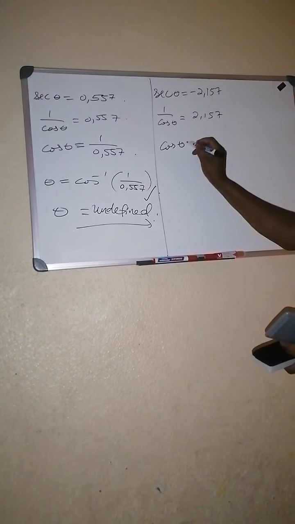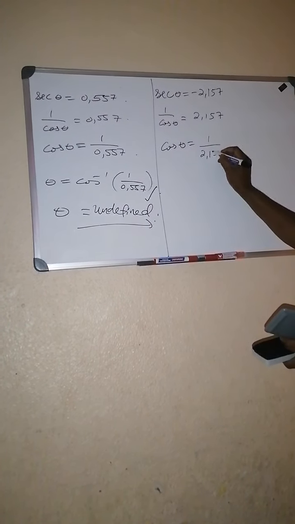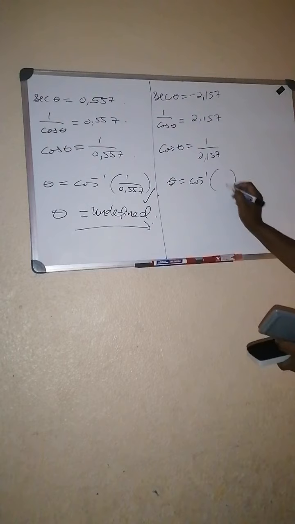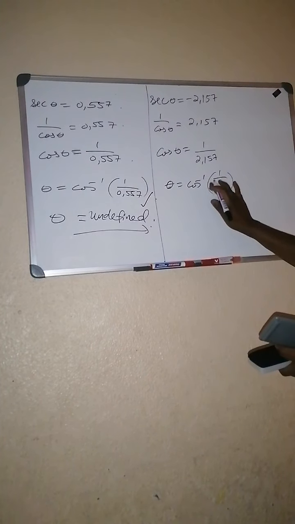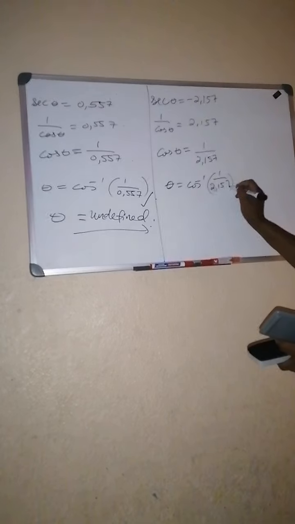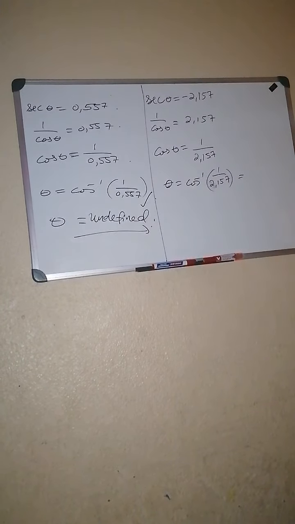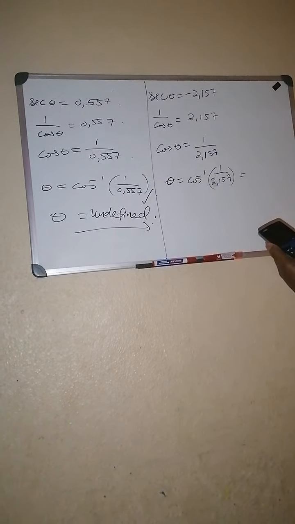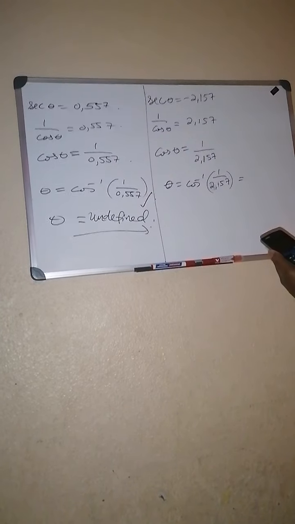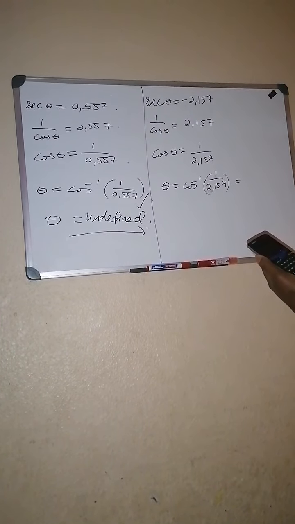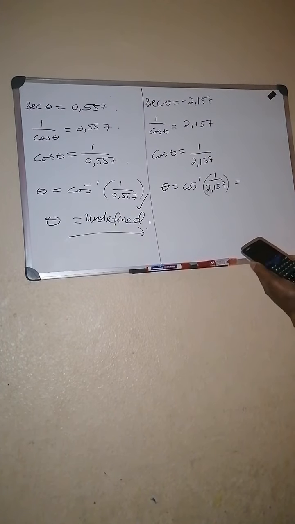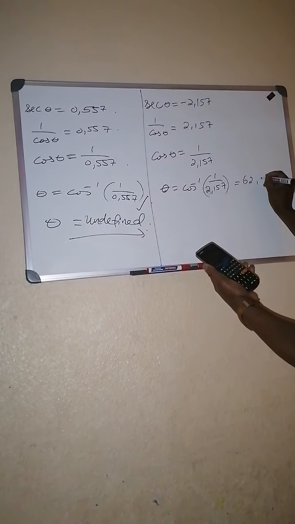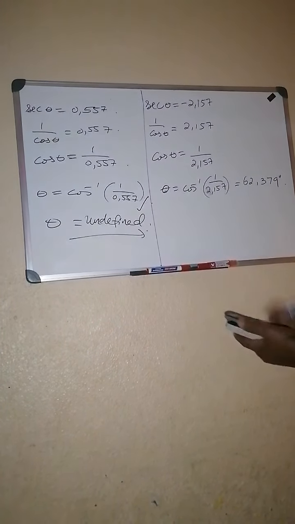This means that the cos of theta equals 1 over 2.157, where theta would be arc cos 1 over 2.157. What is this value? This value is second function cos 1 over 2.157, close that. Now this gives 62.379 degrees.